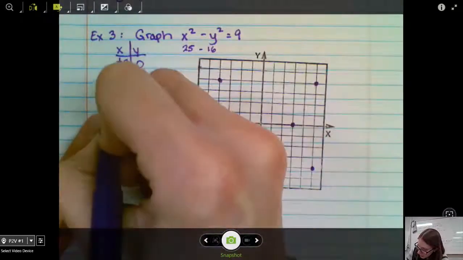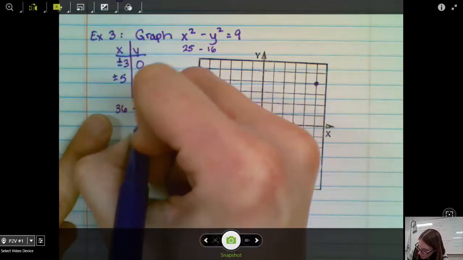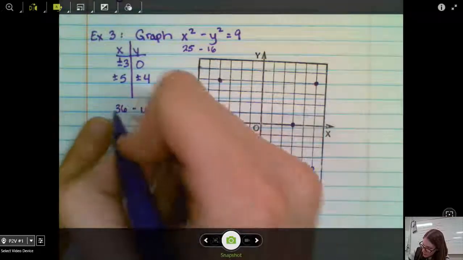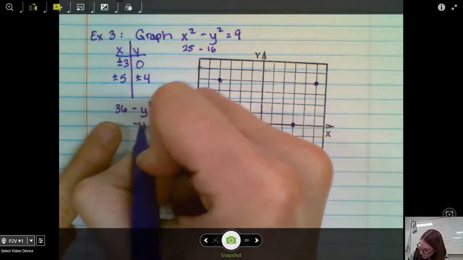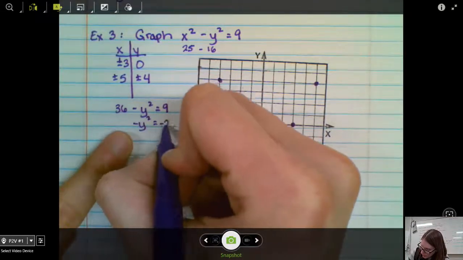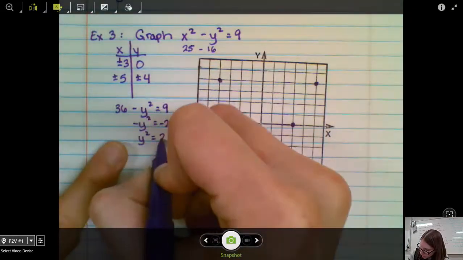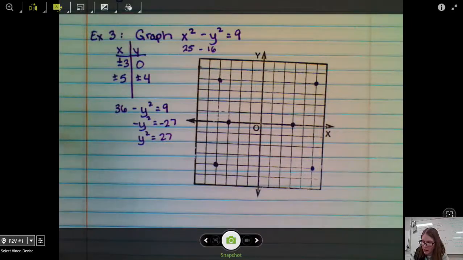If you plug 6 in for x, we get 36 minus y squared equals 9. To solve our equation, let's move the 36 over. Negative y squared would equal negative 27. Divide by negative 1, y squared is 27. And then square root both sides.